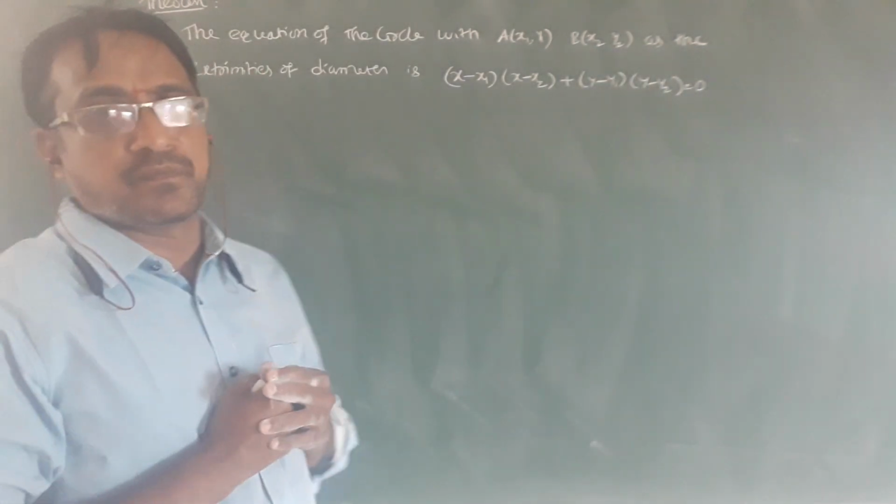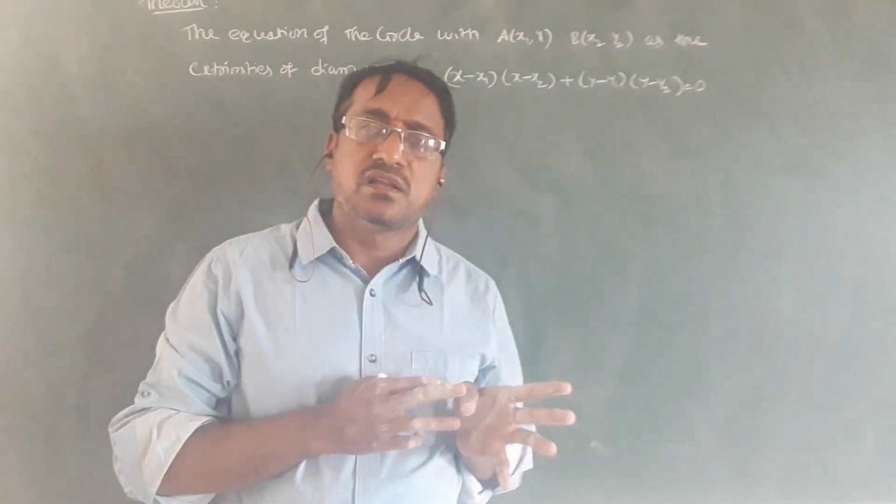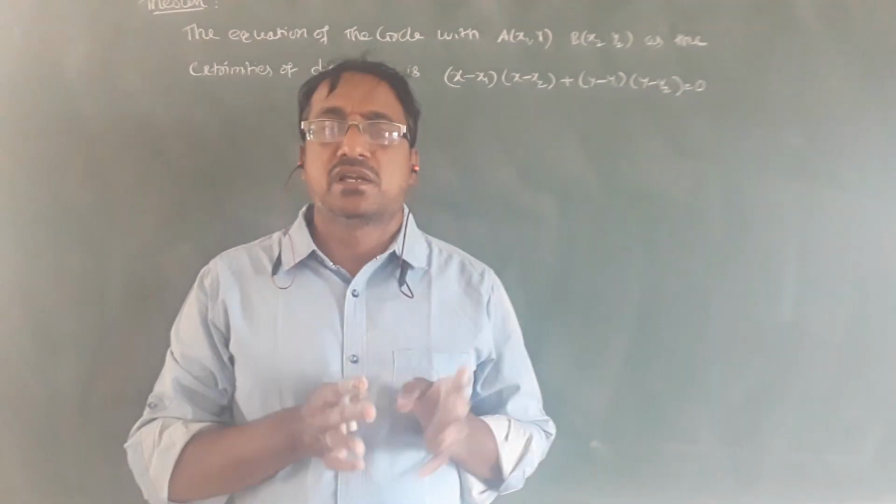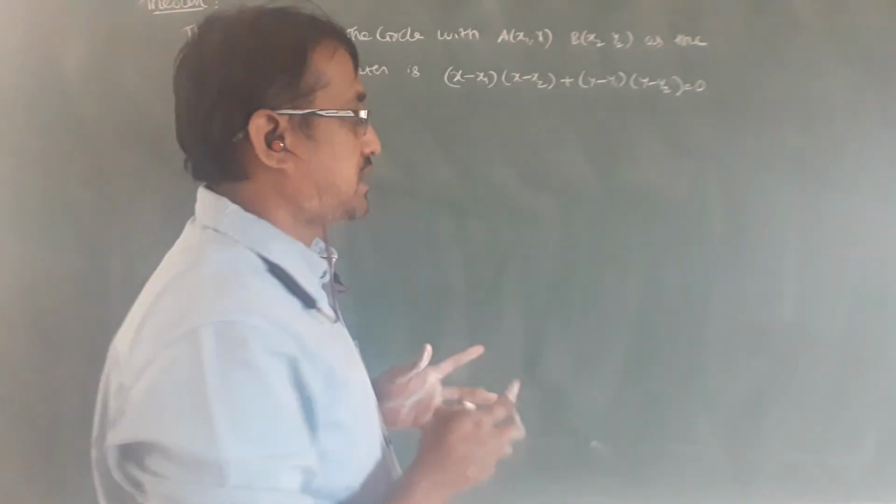This is the theorem: the equation of the circle with A(x1, y1) and B(x2, y2) as the extremities of the diameter.